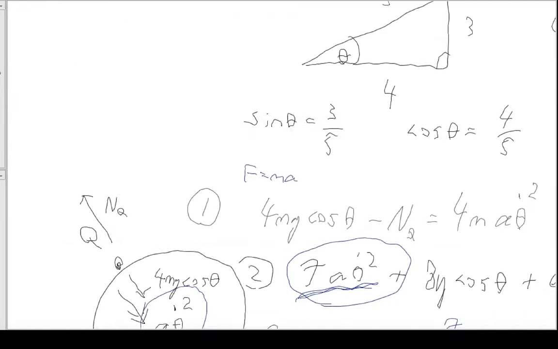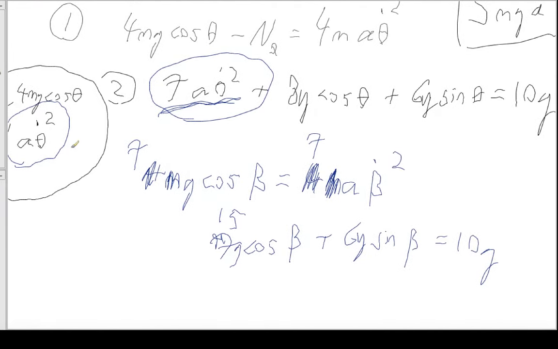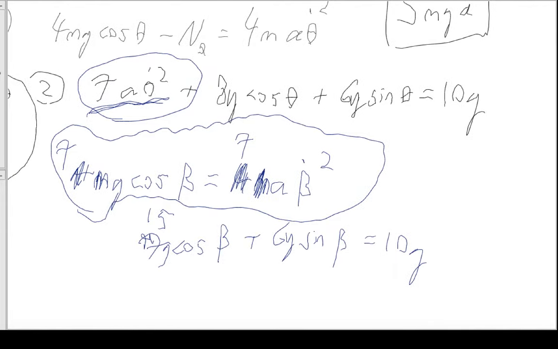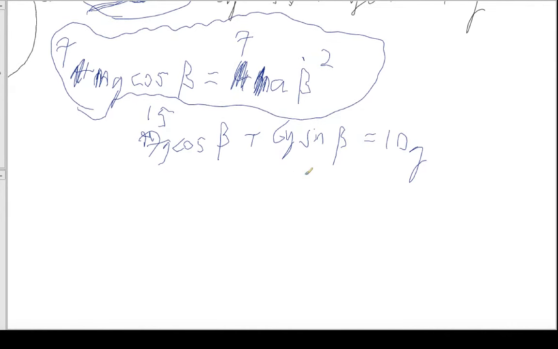So we plug that into this radial F equals ma equation, and we see that for all values of beta, we have g cos beta equals a beta dot squared. Then I can use my equation 2, the result I already have. I just replace the beta dot squared with the cos beta term, and then I'm done. Then I get this lovely relationship here: 15g cos beta plus 6g sin beta equals 10g. In other words, I can basically find beta in terms of g. So I know my beta exactly. Right? So that is that.